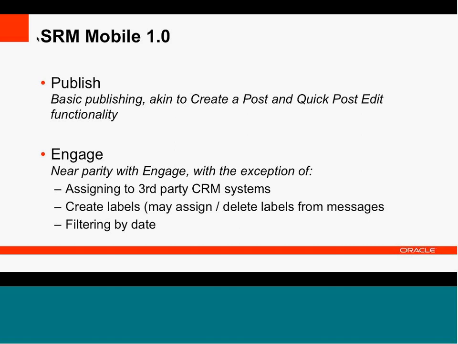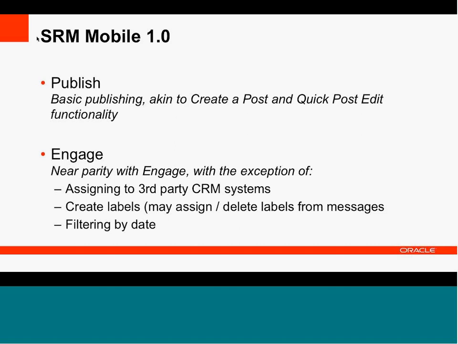Now, looking at Engage, this is the option of the mobile application that is consistent with the Engage functionality we saw in the SRM solution last week. This is the area that looks at the inbox. We bring all the messages in from our own social media channels, but also from the topics that we created.